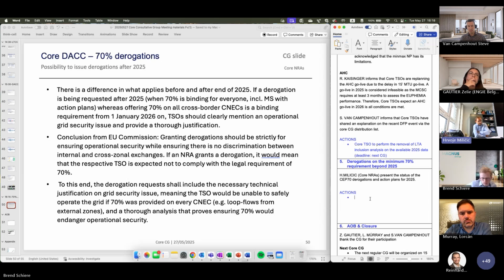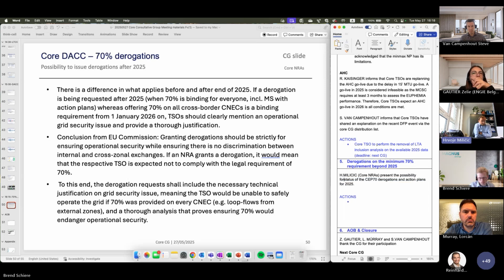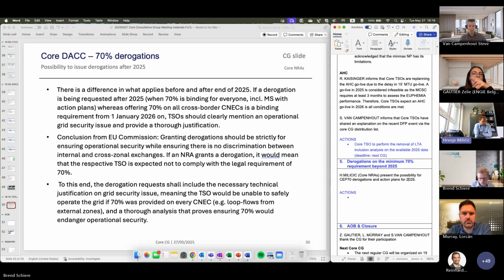But just to explain what is the background and how we ended with this conclusion. So the existing solution is that we are aware that there is no currently coordinated validation in the core region. Also, we are aware that the structural congestions will not disappear in the short term because some of the investment projects that are foreseen as measures in the action plans are not yet finalized.